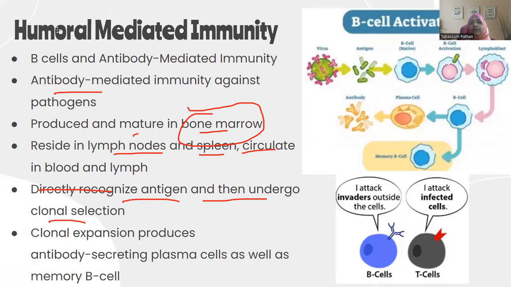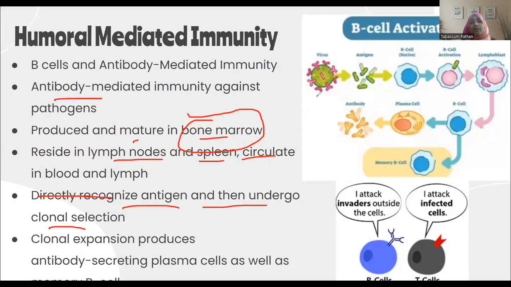For example, let me explain this with the help of a visual. Let's say this is a virus and the antigen is recognized by the B cell. Once the antigen binds, the B cell gets activated. You see B cell activation.